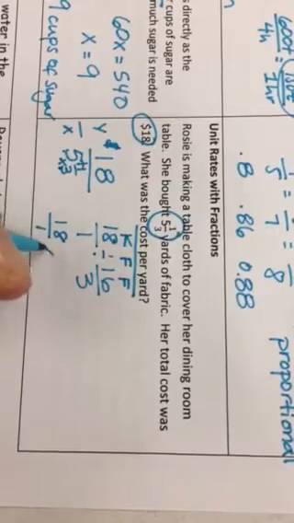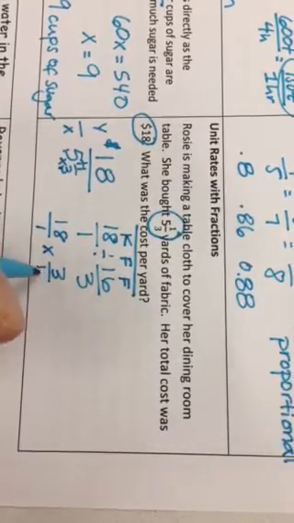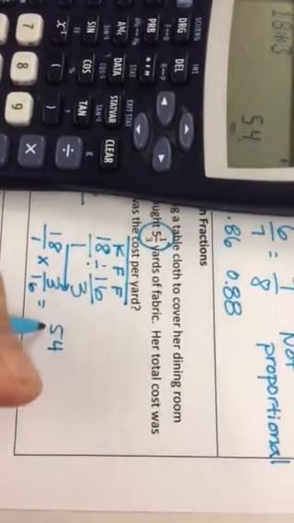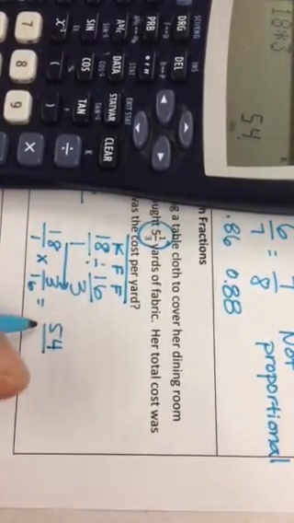And now I need to keep, flip, flop. 18 over 1 times 3 over 16. Now multiply straight across. 18 times 3 is 54. 16 times 1 is 16.